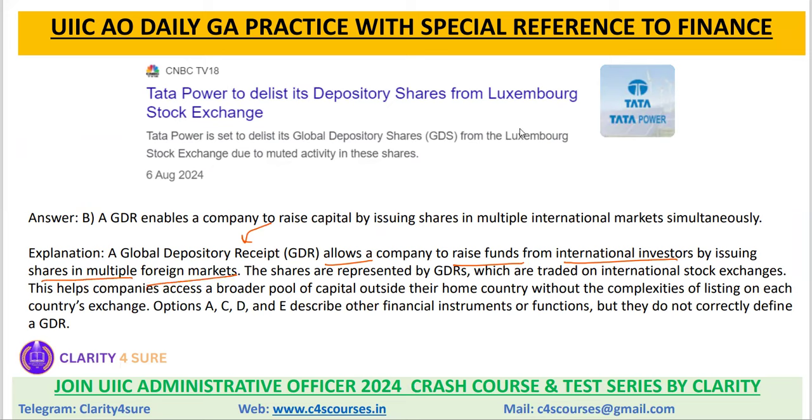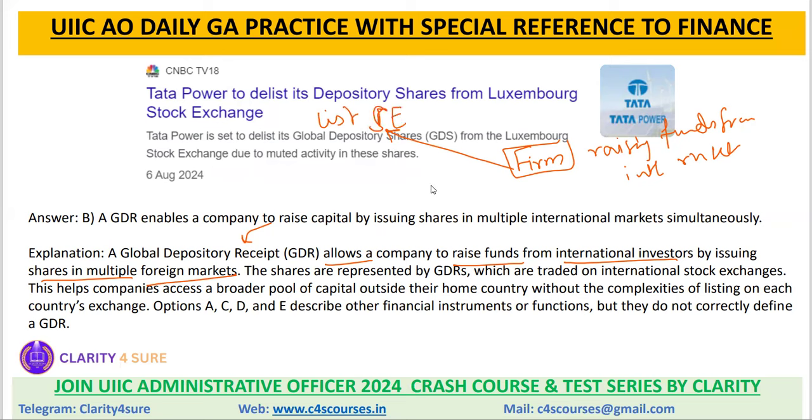If a firm is interested in raising funds from international markets, they can take two routes. The first route is they can directly list their shares on stock exchanges of other countries.